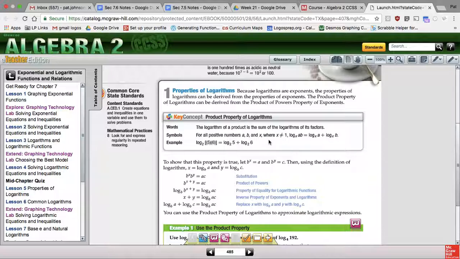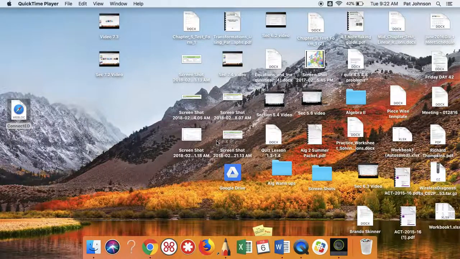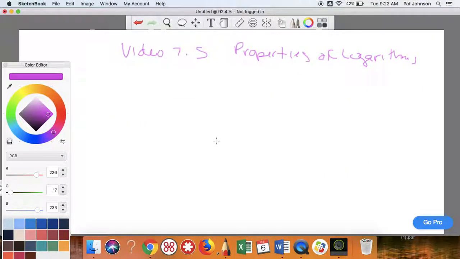So basically what the property says, if you take the logarithm of a product, it's going to be the sum of the logarithms of its factors. So you have to first of all identify the argument. In this example, log base 2 of 30 really can be written as log base 2 where the argument is 30.